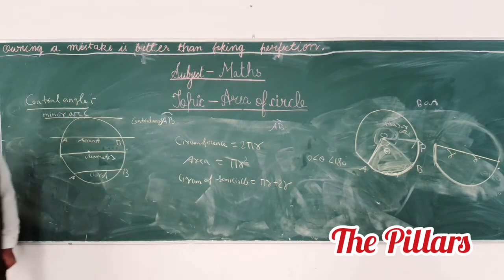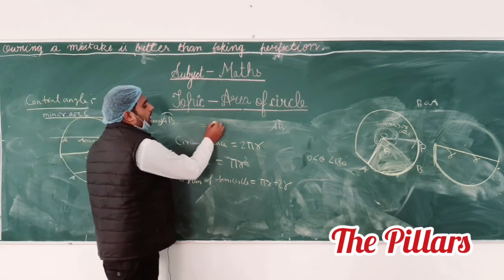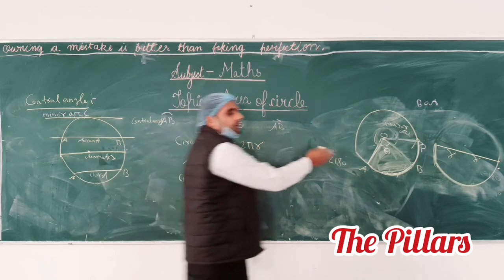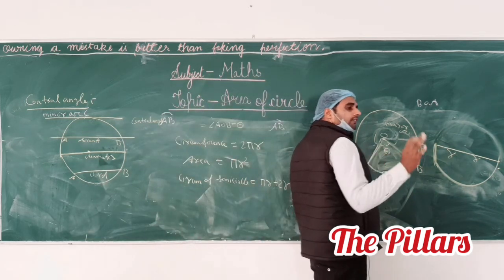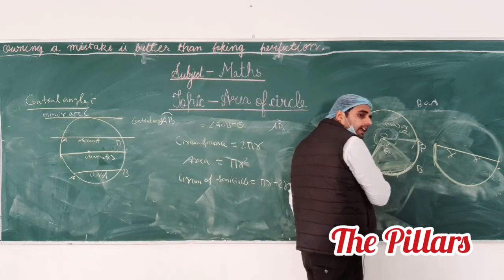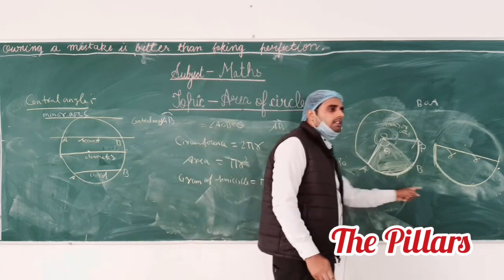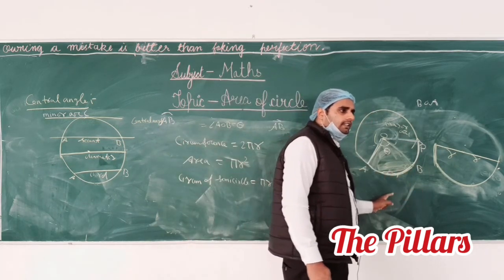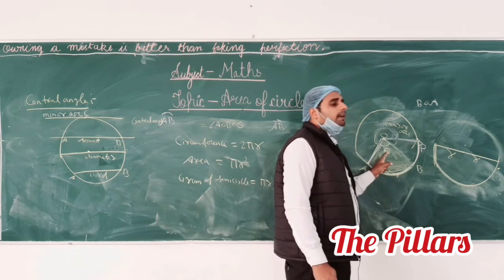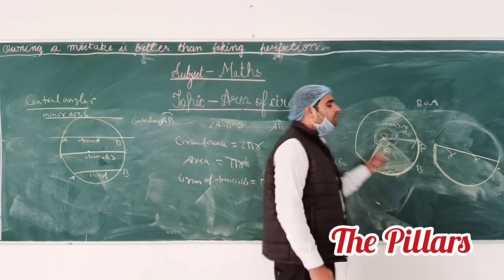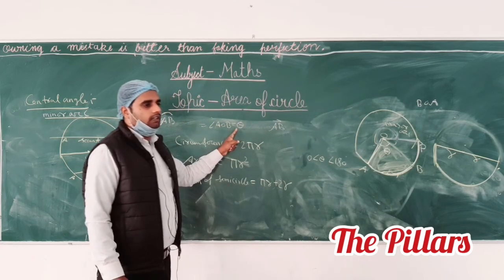Central angle of AB equals angle AOB equals what? Theta. In the figure, AB is the arc, and the angle made by this arc is theta. It means angle AOB equals theta, you have to mention.